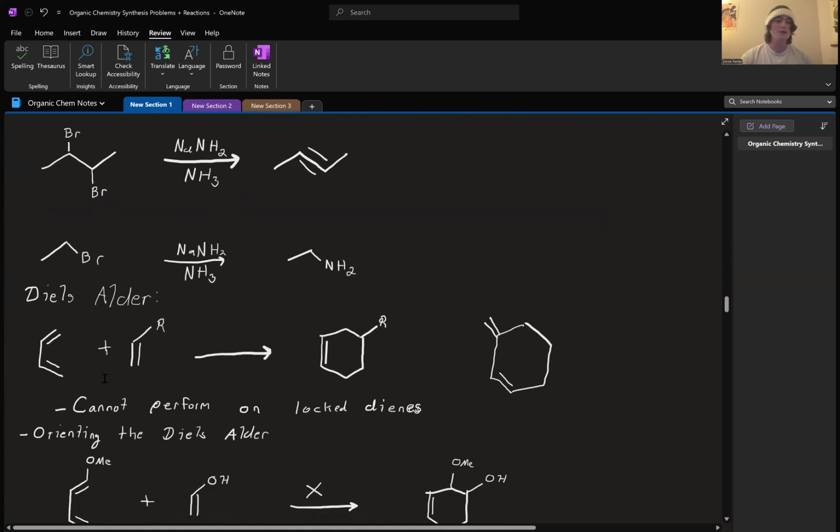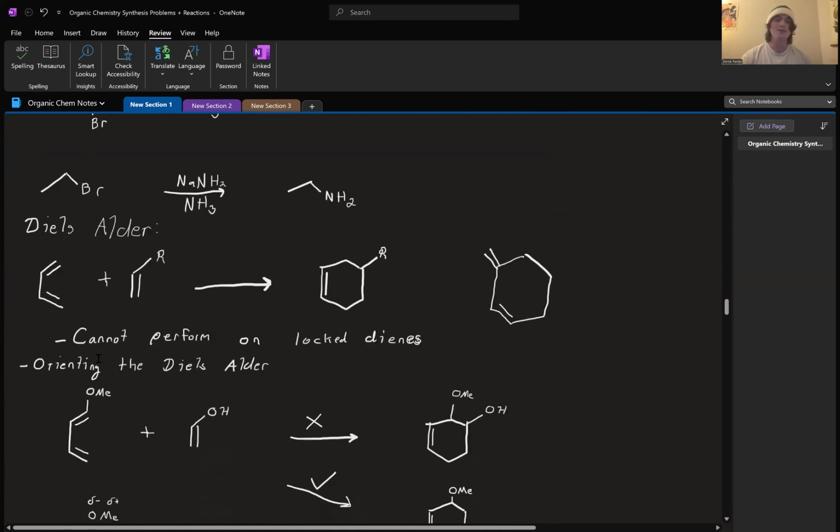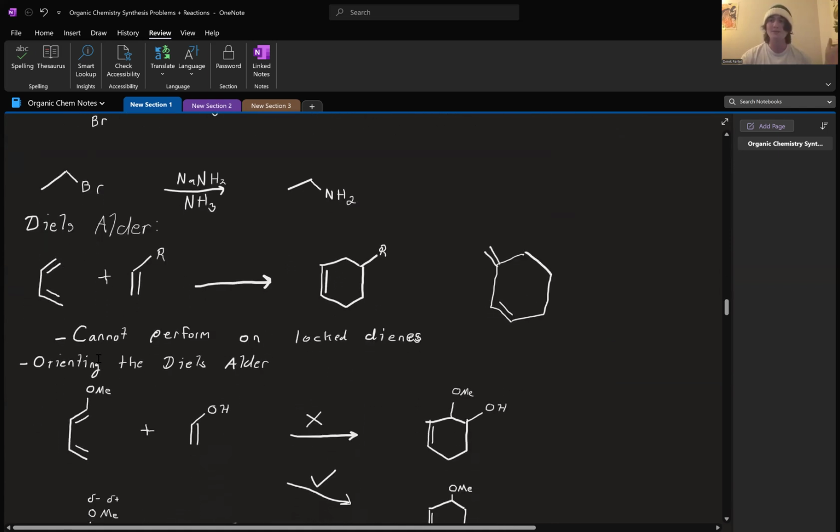And then for Diels-Alder, this reaction is one of my favorite reactions because it is so useful. It's very diverse in its use, and I love using it in synthesis, as you'll see in a second. But basically, you have a diene, you have a dienophile, and the diene and dienophile react to form a cyclic compound, which in this case is a cyclohexene.